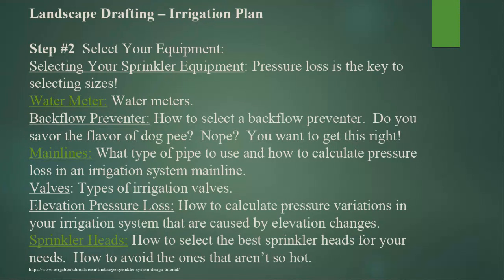Water meter, let's see, let's back up here a little bit. Number 2, selecting your equipment, select the sprinkler equipment. Pressure loss is key to selecting the size, and that's the piping, the supply, the water pressure. This all ties into selecting the correct system. A water meter.